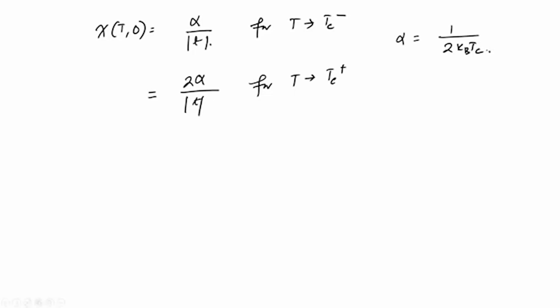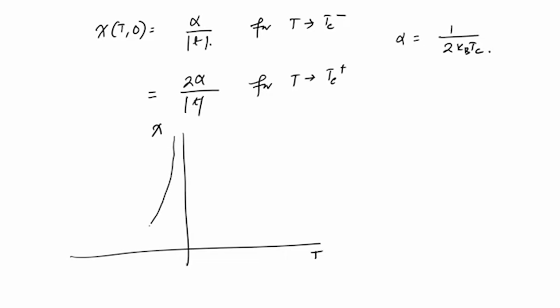So, if you plot them, we see the susceptibility as a function of temperature. We will have to be a little careful because they have different coefficients, otherwise the behavior is somewhat same. So, the right hand side is for T greater than Tc, and the left hand side is for T less than Tc, and this is how the critical behavior of this susceptibility looks like. Okay.